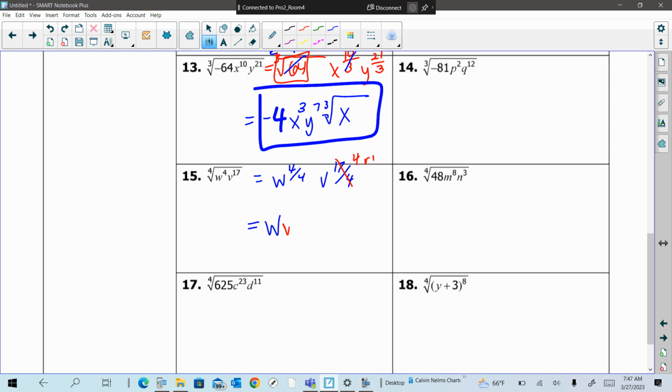So this would be v to the 4th power, and underneath the 4th root is 1v. So you have w v to the 4th root of v.